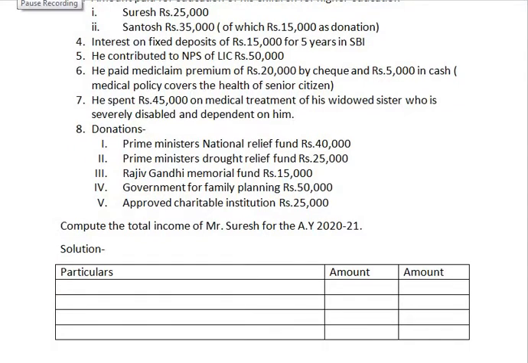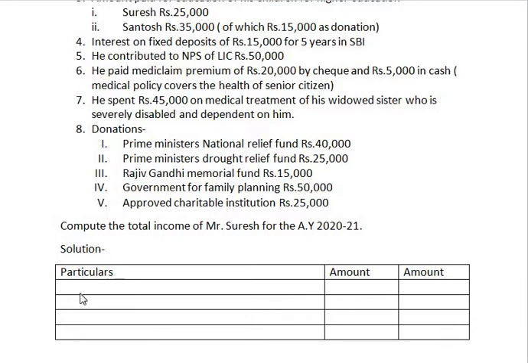In this question, as we are asked to compute total income, first we have to take gross total income. From that, deduct deductions under section 80C, 80D, 80DD and deduction under section 80G, and the remaining balance is known as total income.